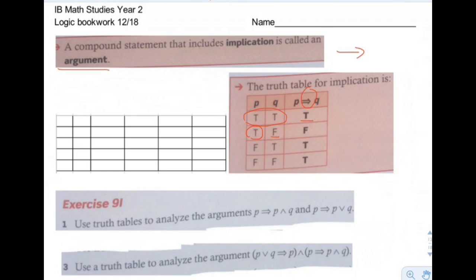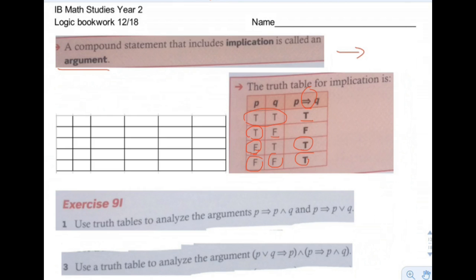Now, if P was false, actually it doesn't mean anything as far as true, because if P is false, the arrow doesn't do anything, right? So this could be true. It could be true that Q is true when P is false. And then when P is false and Q is false, that could also be true.